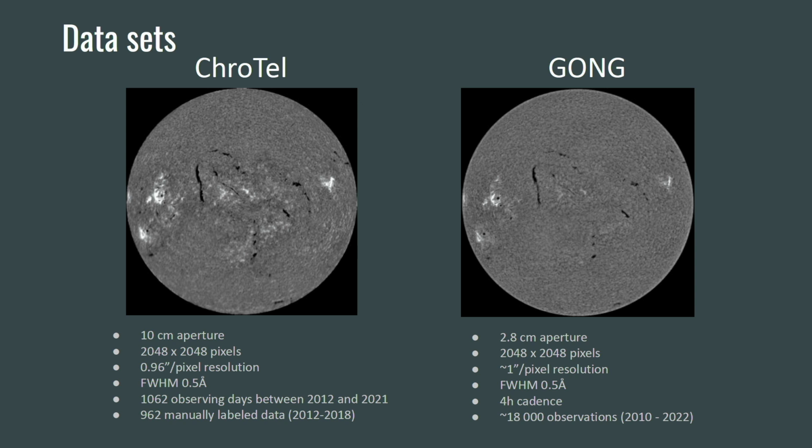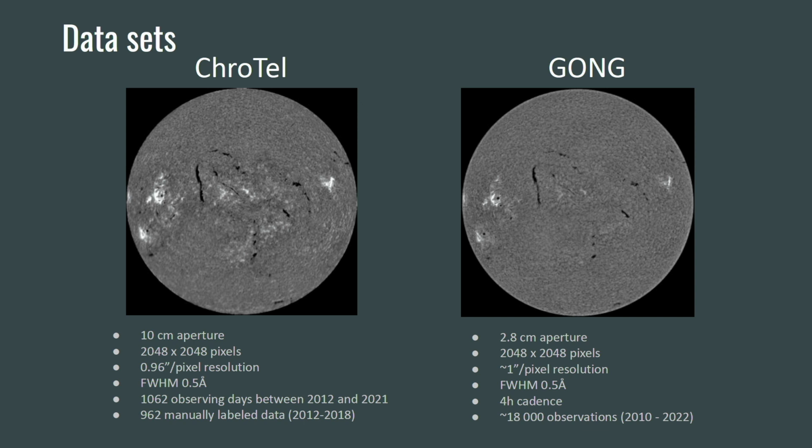It has a resolution of about 0.96 arcseconds per pixel, and in comparison to GONG, which has a much smaller aperture, but about the same pixel resolution. In principle, GONG has a pixel resolution of about 2 arcseconds, but with some camera sampling, the GONG team achieves a pixel resolution of about 1 arcsecond as well.